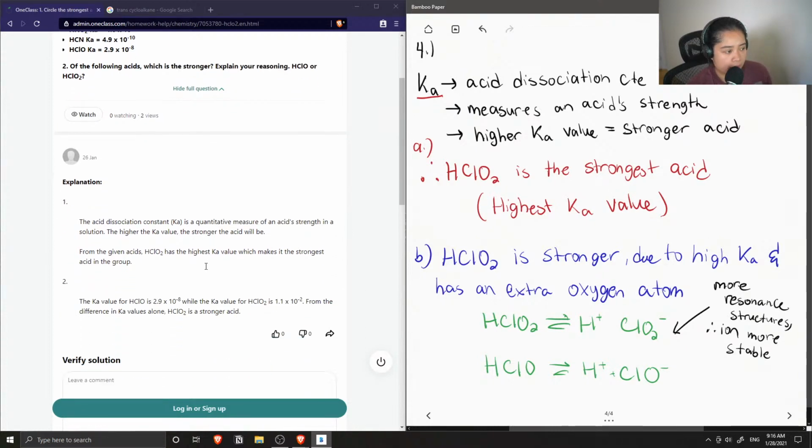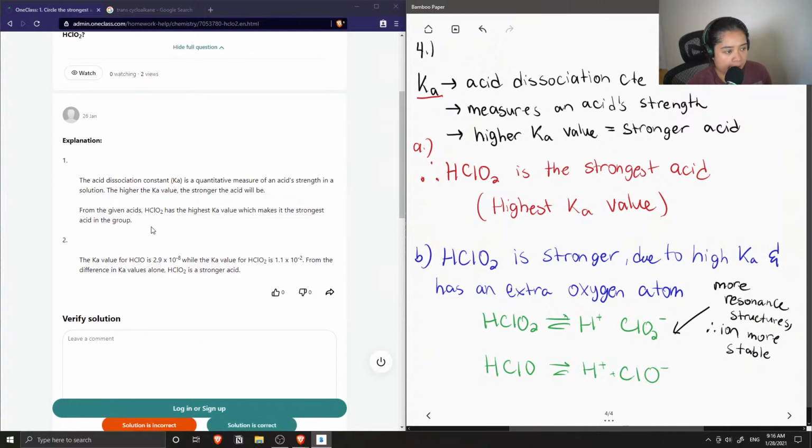Okay, so the junior tutor said that the acid dissociation constant Ka is a quantitative measure of an acid strength in a solution. The higher the Ka value, the stronger the acid will be. From the given groups, the chlorous acid has the highest Ka value, which makes it the strongest acid in the group.